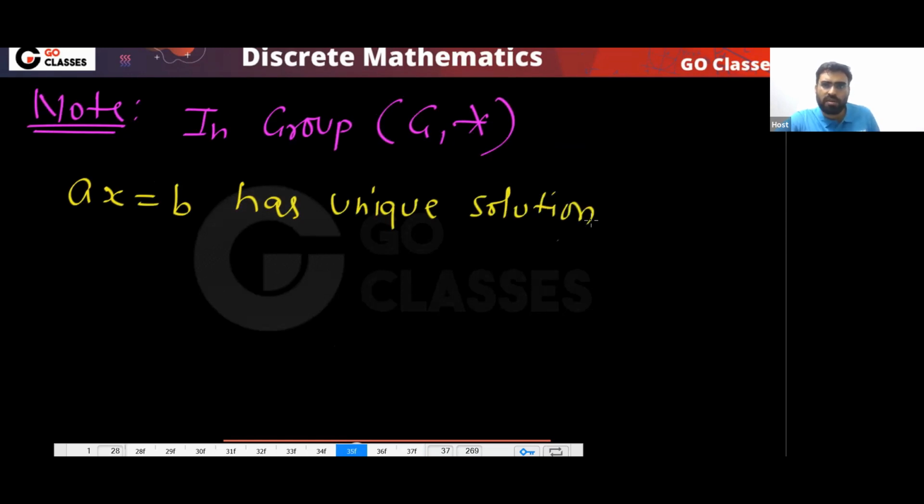And what is that solution? x equal to a inverse b. This is the unique solution for this equation.